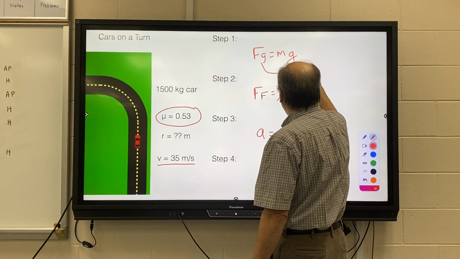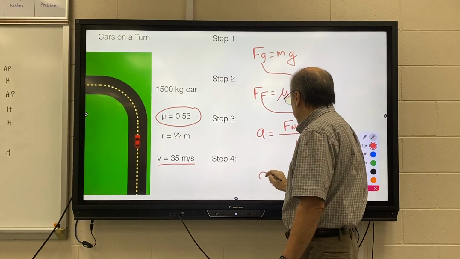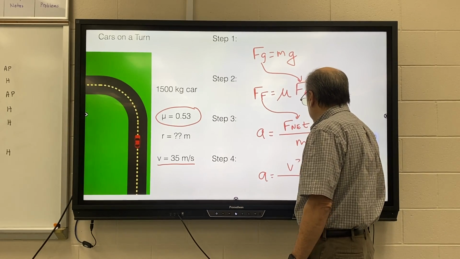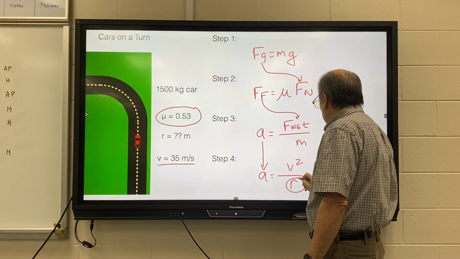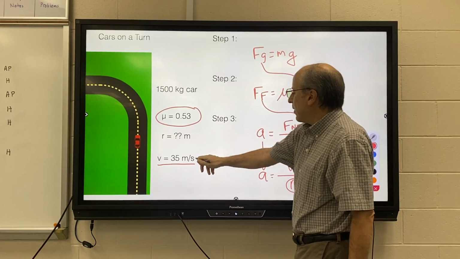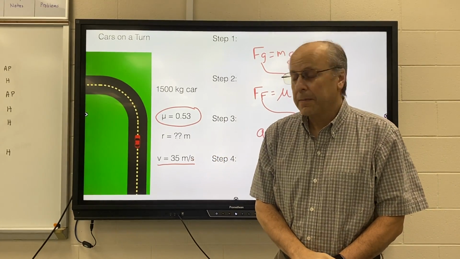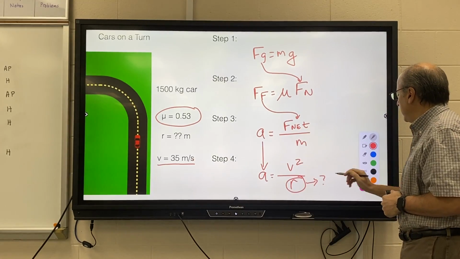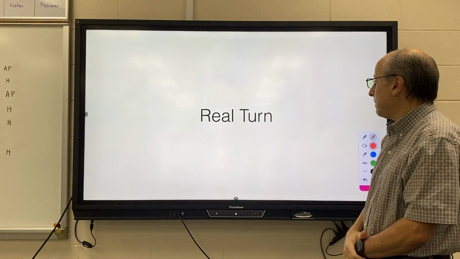So again, gravity goes in for normal, friction goes in as your net force. Acceleration goes in here. This time you are solving for the radius because you already know the velocity that you want your car to be able to travel. So you plug all those in, solve for radius. Hopefully you won't have any problem with that.